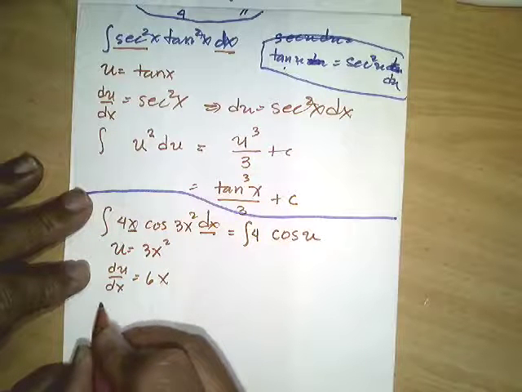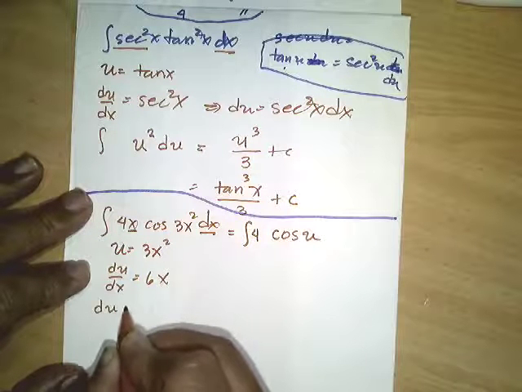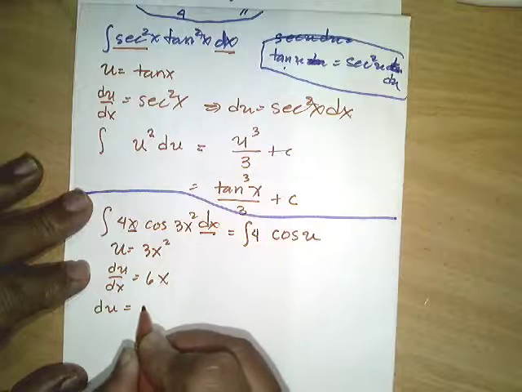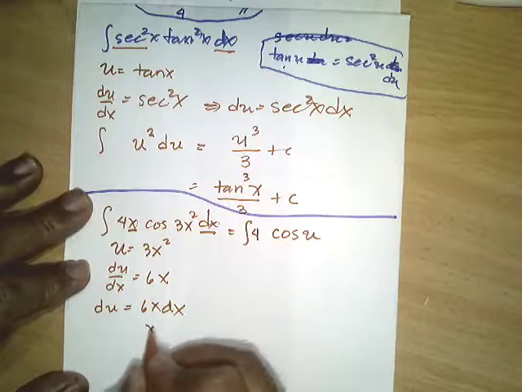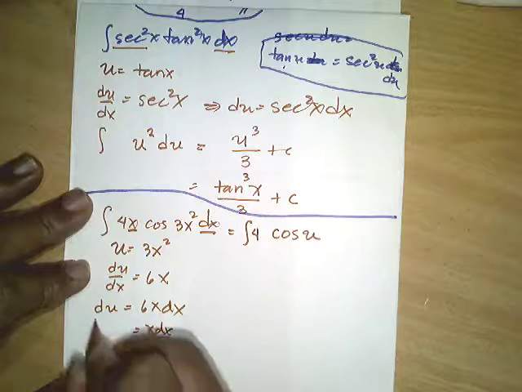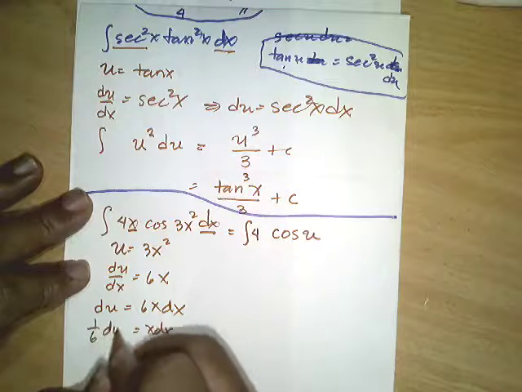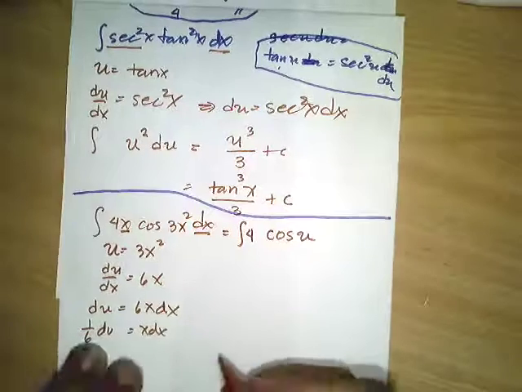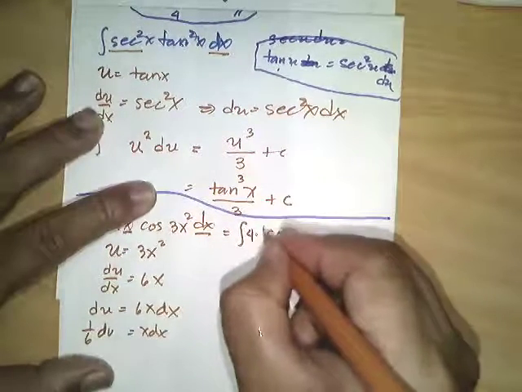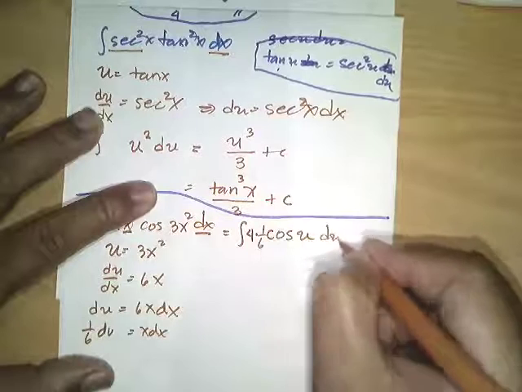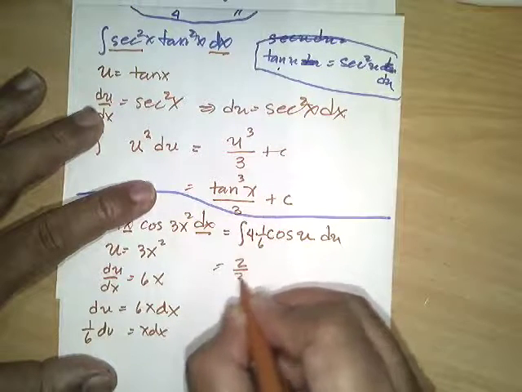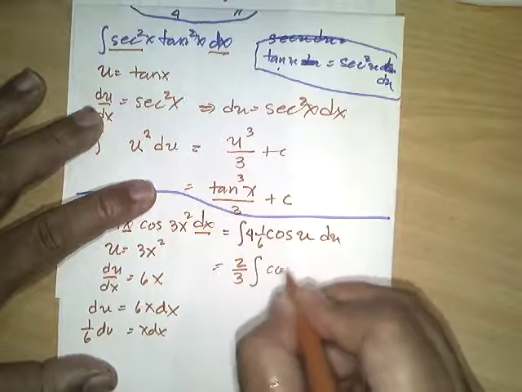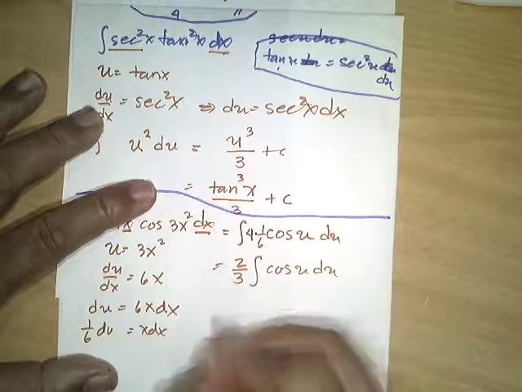From here, we can see that du is equal to 6x dx. So x dx is equal to 1 over 6 du. So therefore, for this one, we can put that 1 over 6 and that du there. So this is 2/3 the integral of cosine u du.